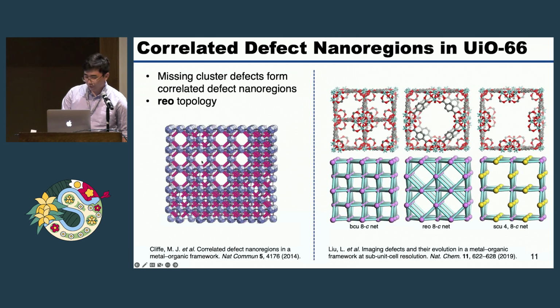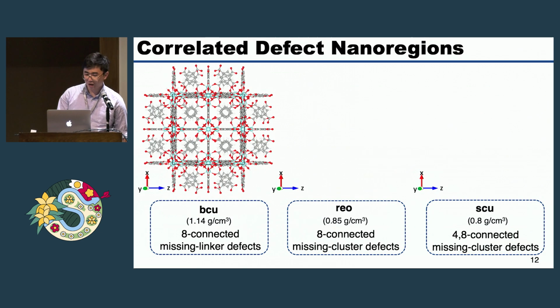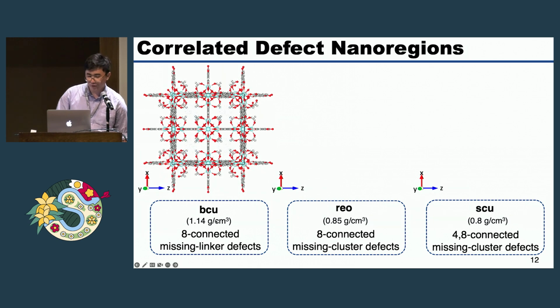Then a couple of years ago, that was supported by another group. Importantly, they reported two other different types of correlated defects, which I'm going to show here. The first one, so this is the pristine UiO-66 without defects. In the first type, missing linker correlated defects, 8 face-on linkers are missing from the unit cell.